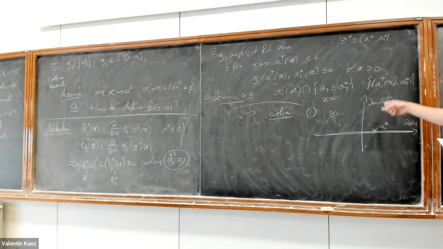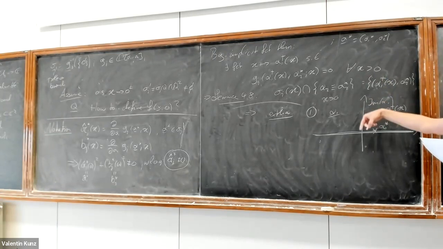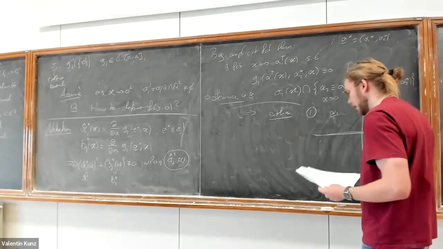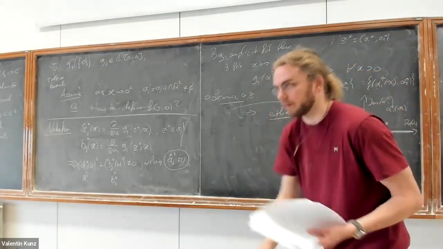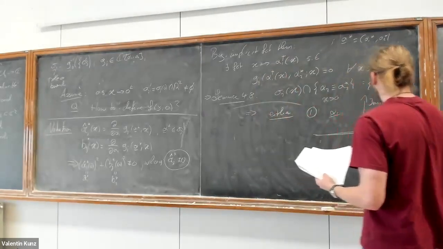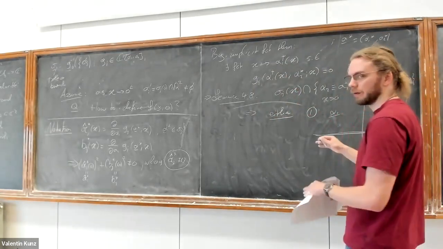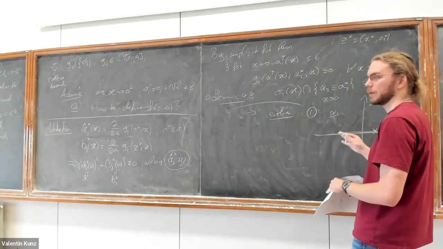If it's above for one value of kappa, it must be above for all values, because otherwise it would at some point have to intersect. And this cannot happen because it can only touch it when kappa is equal to 0. Otherwise we would need some discontinuity. But we know that it's continuous, so it must be above. Or of course it could be below. The important part is once you figure out whether it's above or below for one value of kappa, you know that it's above or below for all kappa.